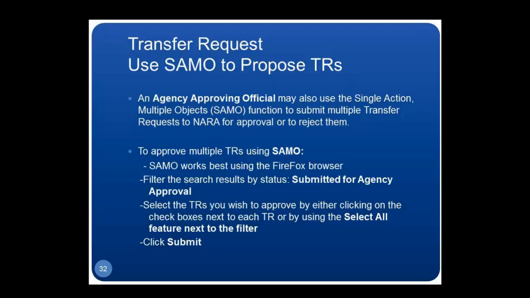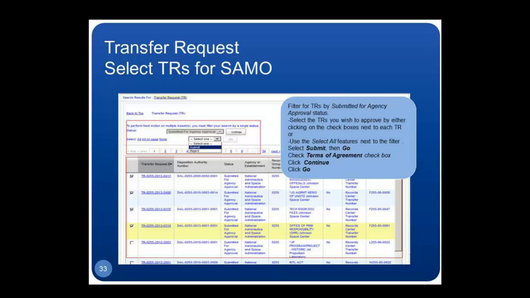In effect, the agency approving official can search for multiple forms that are in that submitted for agency approval status, apply a filter to the forms that are ready for transfer to the National Archives, and then through a few keystrokes, submit all of those forms to NARA at the same time.